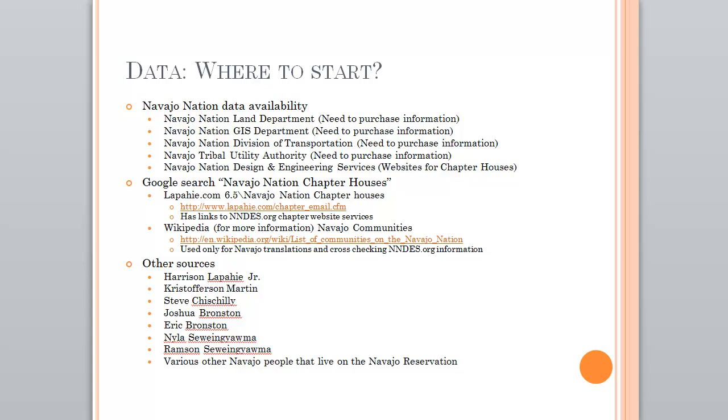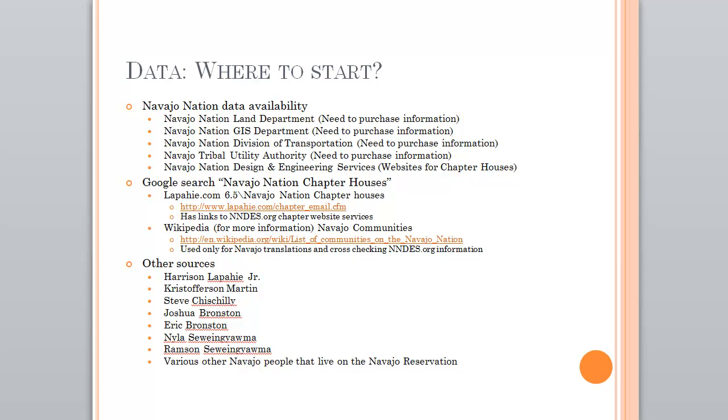The Division of Transportation, referred to as the DOT, the Navajo Tribal Utility Authority, the NTUA, is what they usually call it, and then Design and Engineering Services. Out of the 5 that I contacted, 4 required me to purchase information in order to use it. I'm still waiting on their packages to arrive.